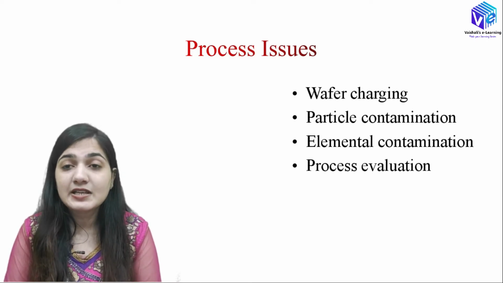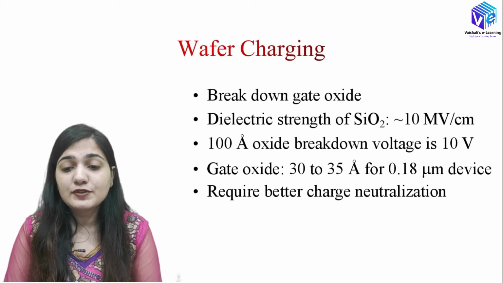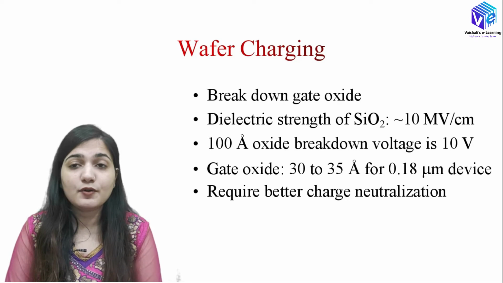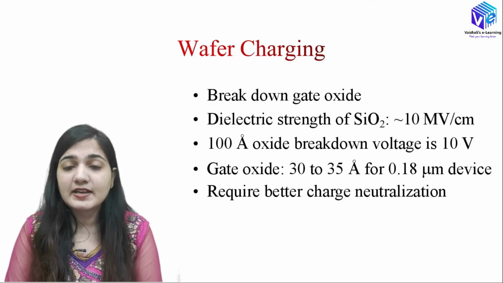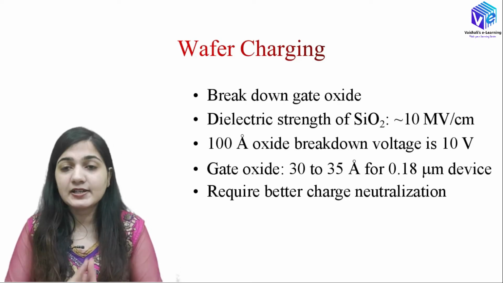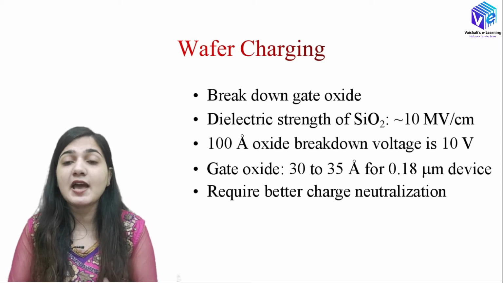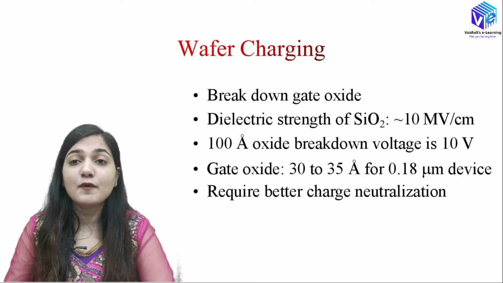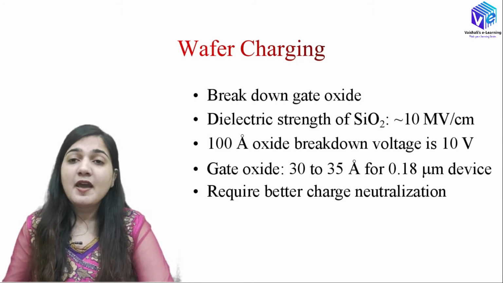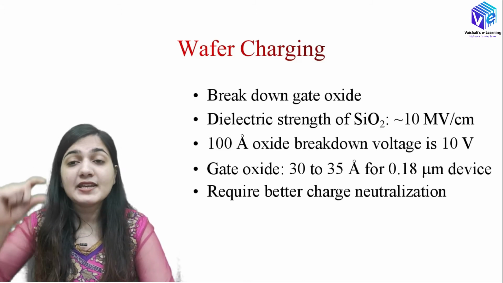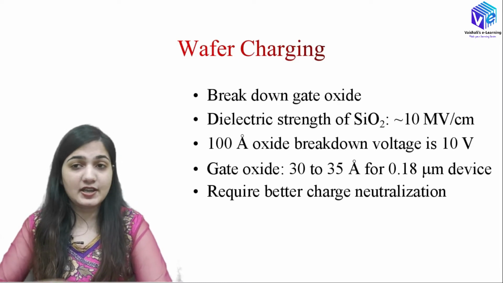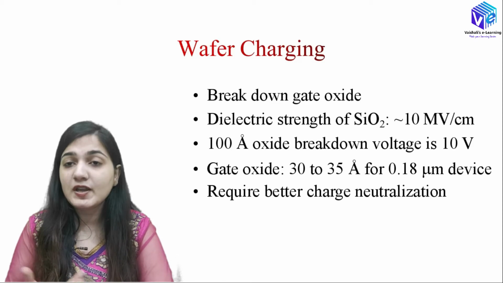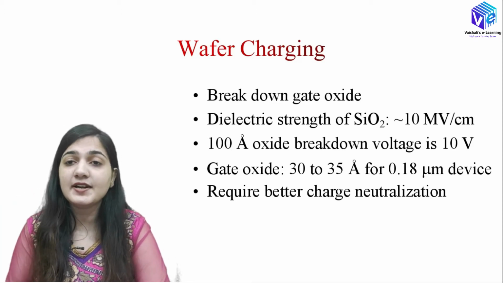Also we have the silicon dioxide layer, so there will be the breakdown of the gate oxide. Okay, this is also undesirable. Actually the dielectric, like silicon dioxide, has a very good dielectric strength, which is around 10 megavolt per centimeter. But in the gates we are using a very thin layer of silicon dioxide.